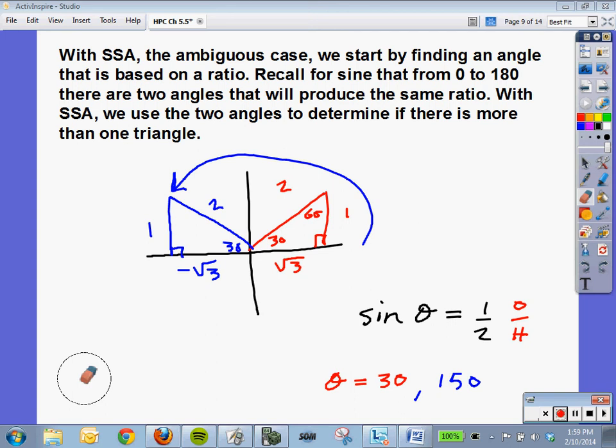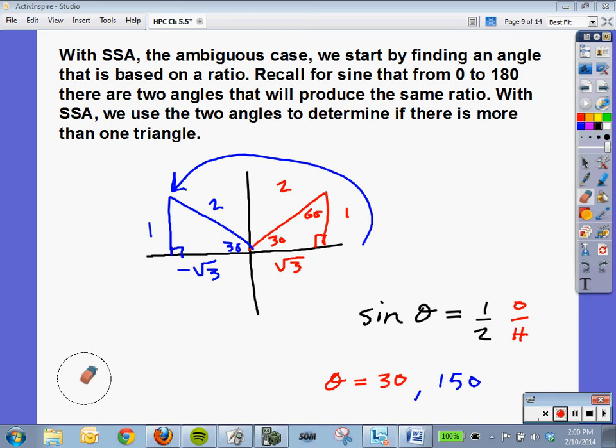So let's think about this a second. Say you came up with the sine of theta equals 1/2, and you're trying to find the angle that's based off of that ratio. One angle you might tell me is 30 degrees, right? In the second quadrant, we'll also get a 1/2 as well, right? If we take 30 away from 180, that will give us 150.